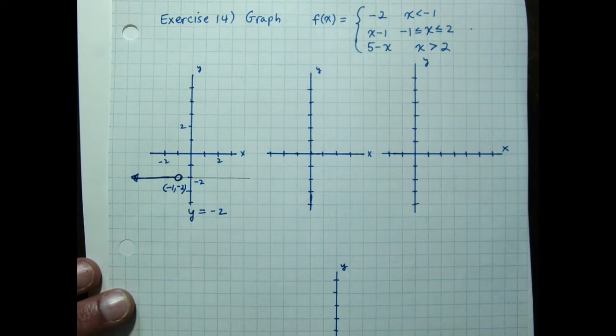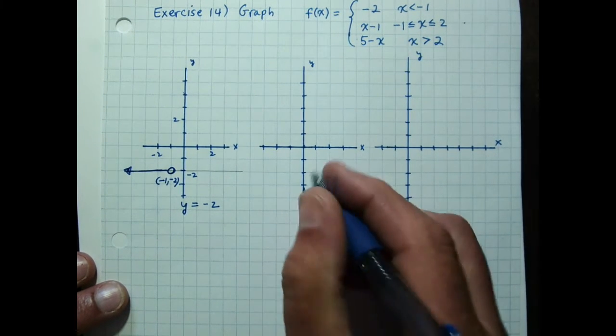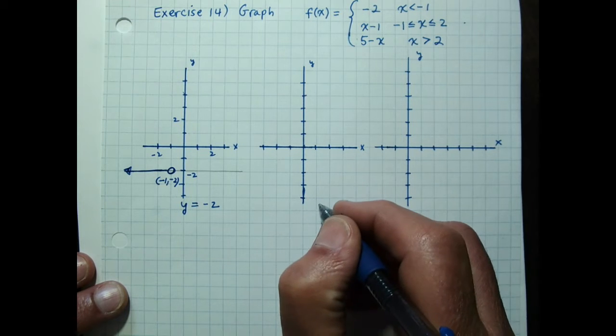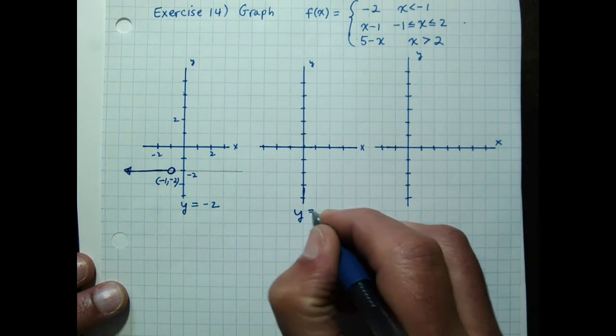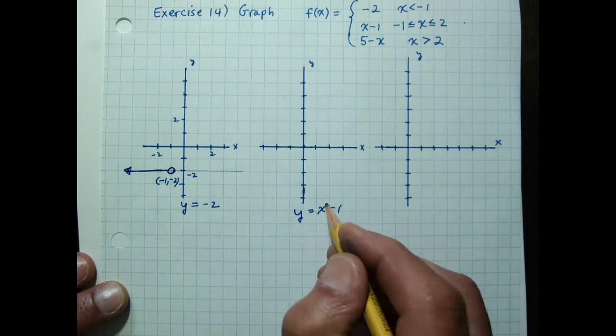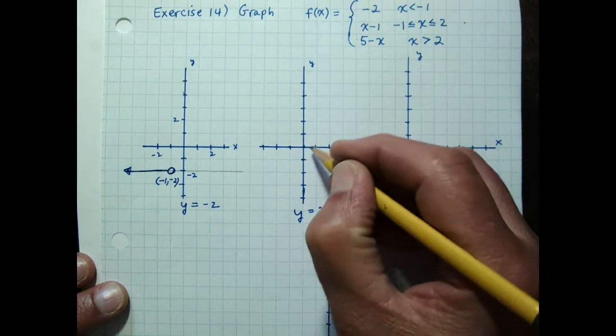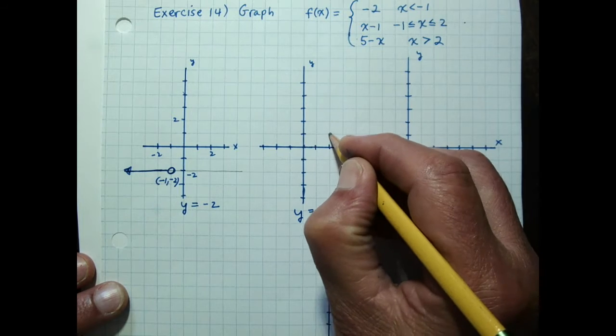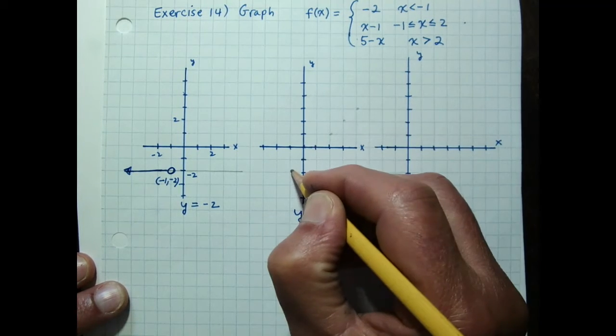All right, now in the middle example, we're graphing y equals x minus 1. So that's a straight line with y-intercept -1 and slope 1.